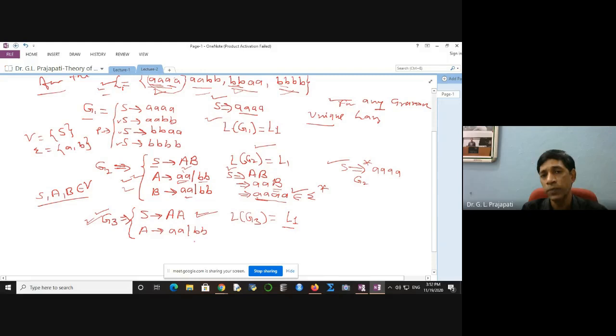Among the many possible grammars, maybe infinitely many, we need to consider the efficient one, and this is a hard problem in computer science. Obtaining the smallest grammar of a given language is a very difficult task, so it's not a simple task to find the grammar for the given language.